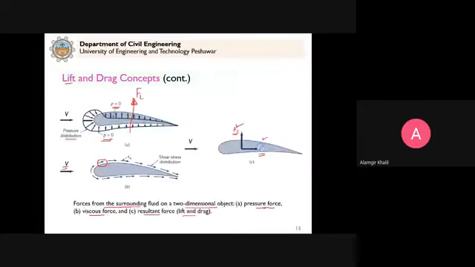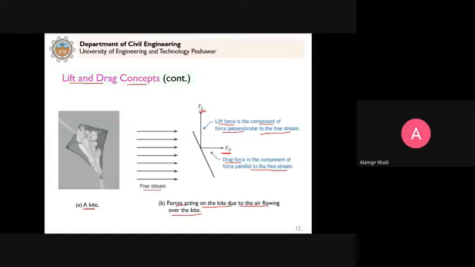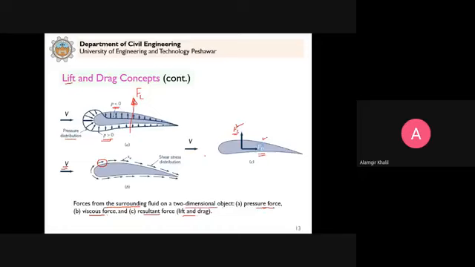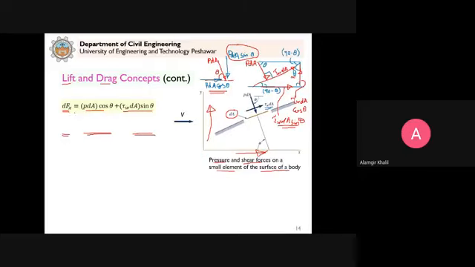And how we define them: the drag force is the component of the force parallel to the free stream. So in this case, you can see here, this is parallel to the free stream, and this is actually your drag force. This is how you can calculate it for a differential area dA.